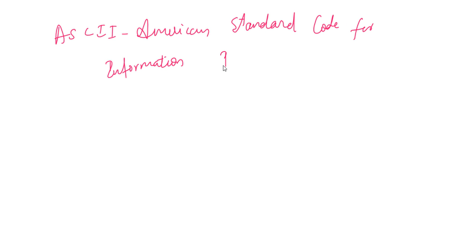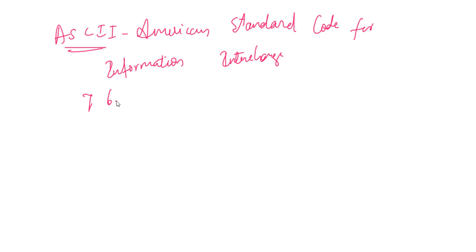This is a simple code. Here every letter, character, symbol can be converted into ASCII, and that is understood by the system. That is the concept of American Standard Code for Information Interchange. And this is a 7-bit code. You remember this, this is a 7-bit code.